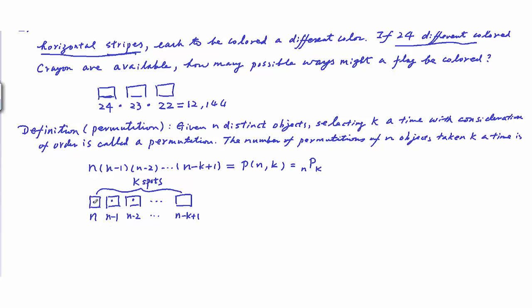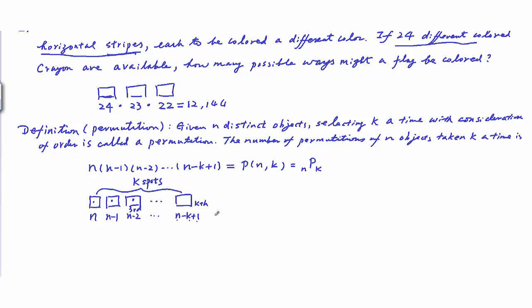Because you can see the first spot is n, the second spot is n minus 1, the third is n minus 2. So it's always 1 more than this. If you calculate, there will be n minus k plus 1 for the kth spot.